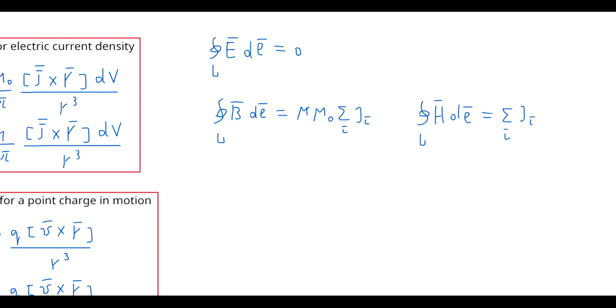Okay, and what about electric current density? For electric current density, we have a very similar formula, but it will be a surface integral instead of a sum. S_L is the surface inside the closed line L, and here we have electric current density J and dS.